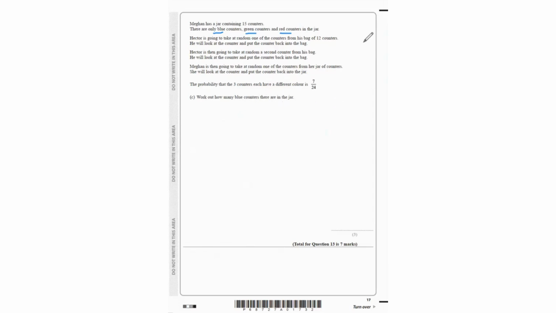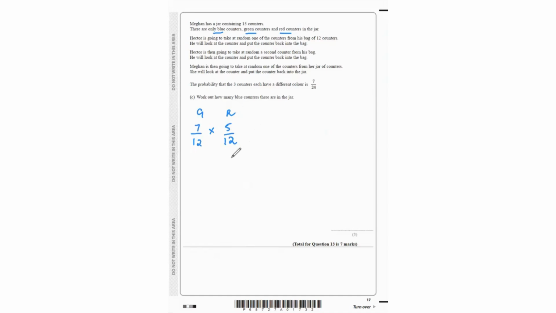So as told in the question, first Hector is taking out 2 counters and then Megan is taking out 1 counter from her jar. So Hector has green and red. So if he takes out a green counter, that's going to be 7 over 12. And if he takes out a red counter, that's 5 over 12. Now, we don't know whether he'll get the green counter first or the red counter first.